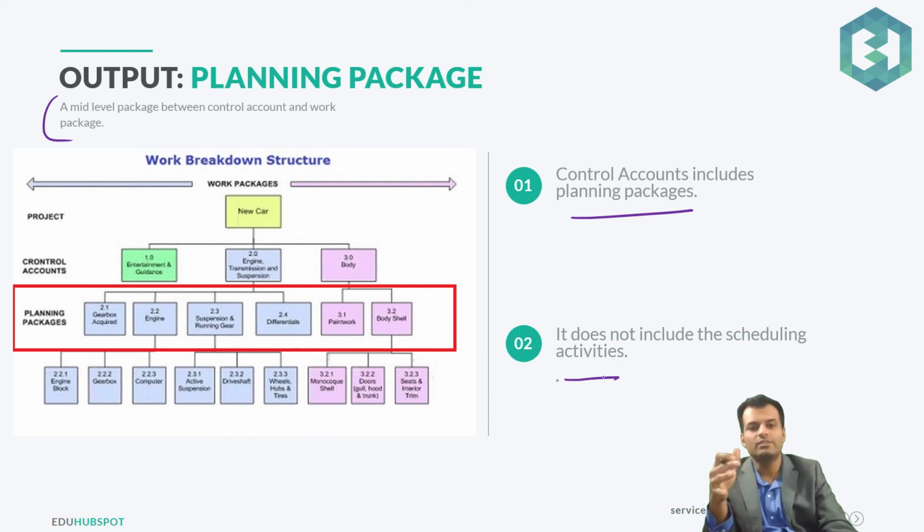So they'll give you the requirements at a certain level. Based upon that level, you will create the WBS, but at a planning package level. But as things progress and more information becomes available, you would come back to that planning package and further decompose it into work packages. So you do that all the time. This is a pretty common technique.